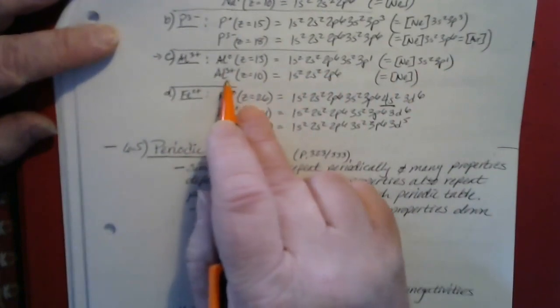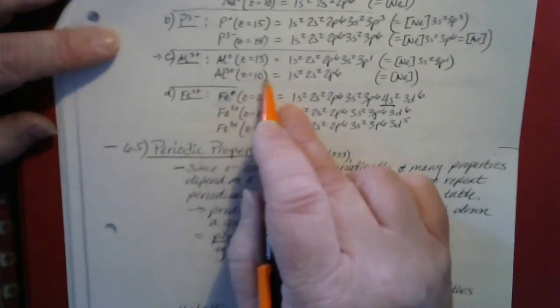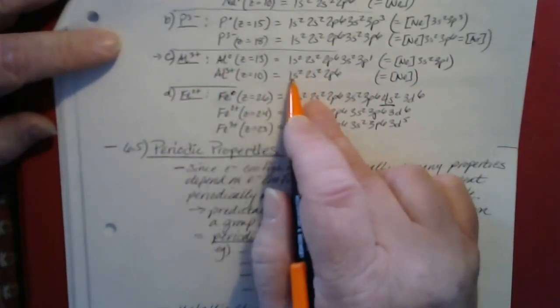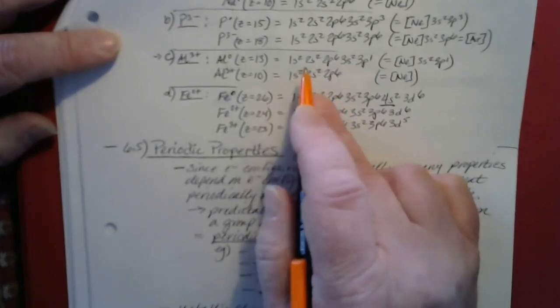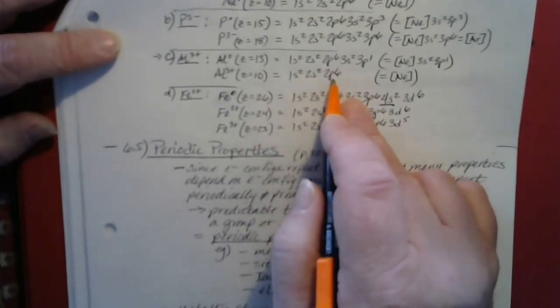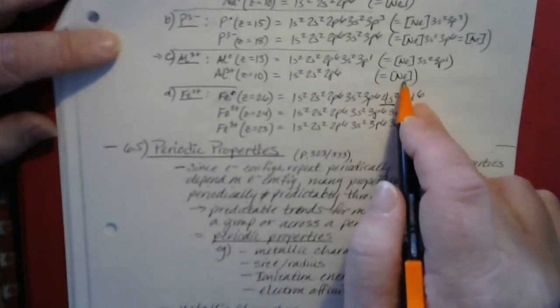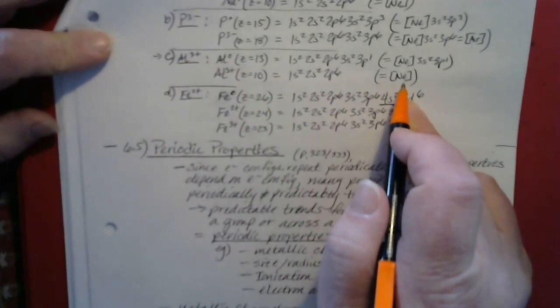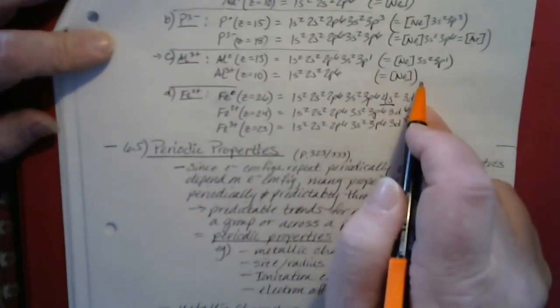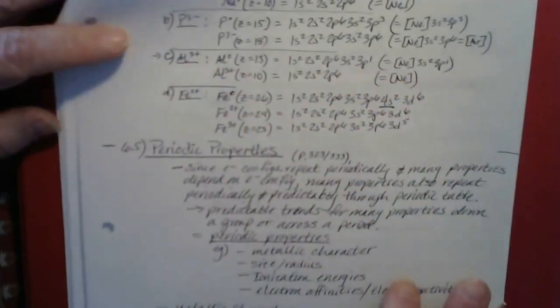If you lose 3 electrons from aluminum, you now have 10 electrons, which gives you a configuration of 1s2, 2s2, 2p6, or in other words, neon. So Al plus 3 has the same electron configuration as neon, which makes it stable. And that's why it forms an ion with a charge of plus 3.